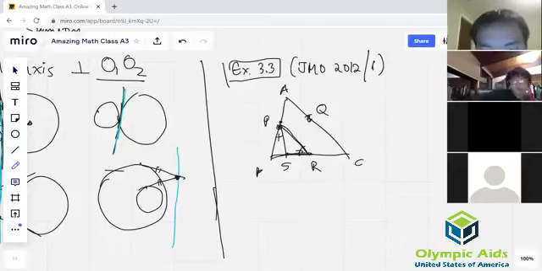And we also know that, sorry, this angle here is equal to this angle here.